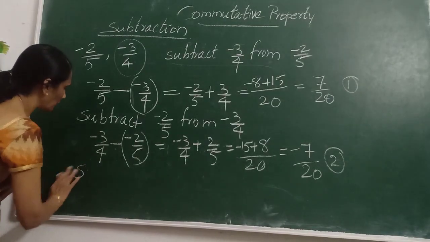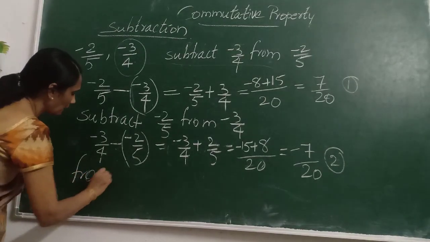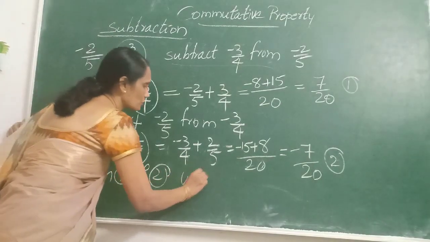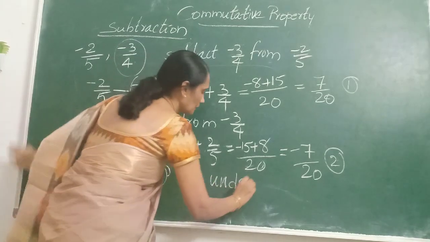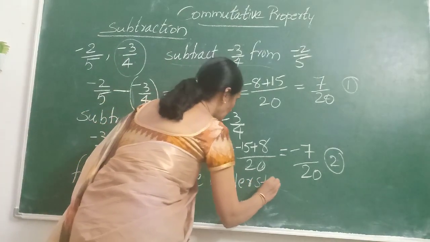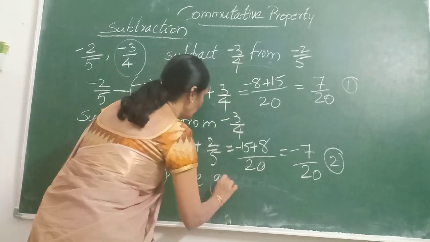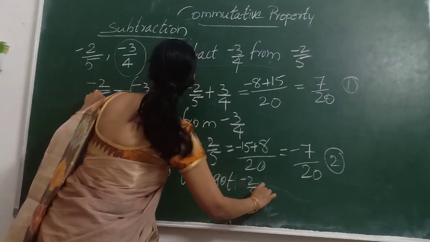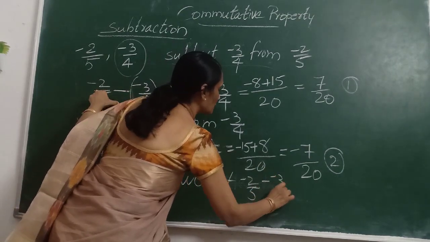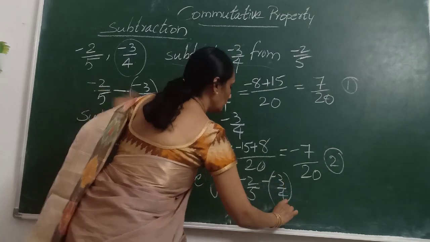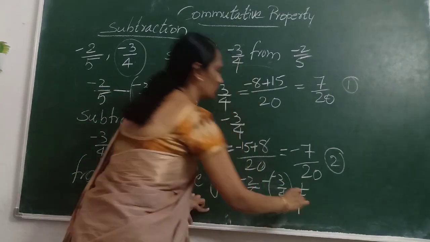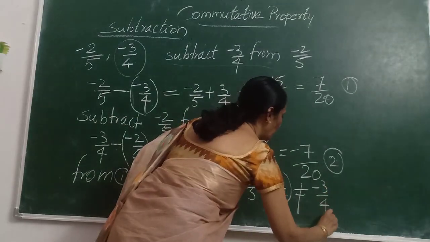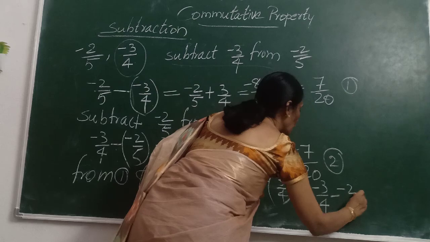Okay, subtraction from 1 and 2. We understand that what we got is minus 2 by 5 minus 3 by 4 is not equal to minus 3 by 4 minus 2 by 5.